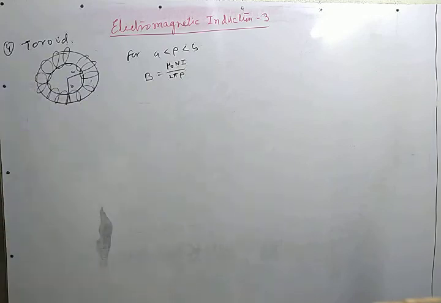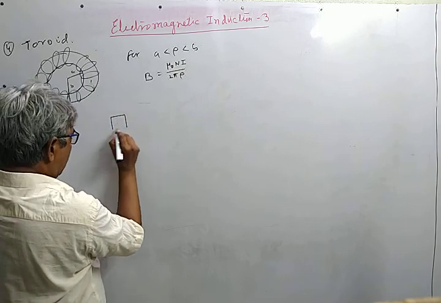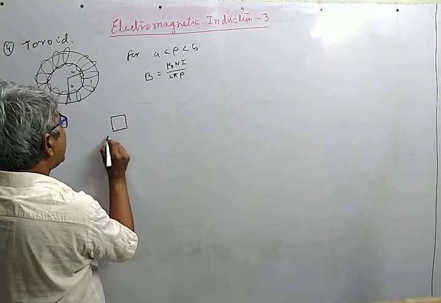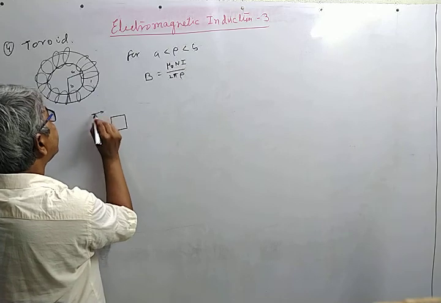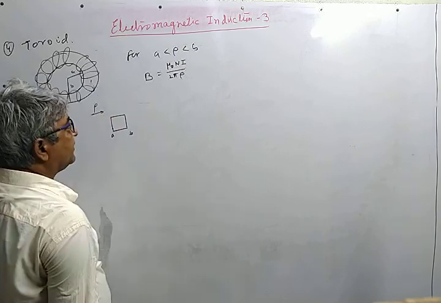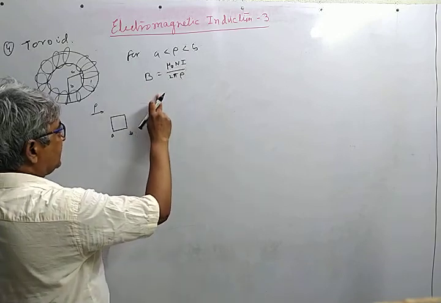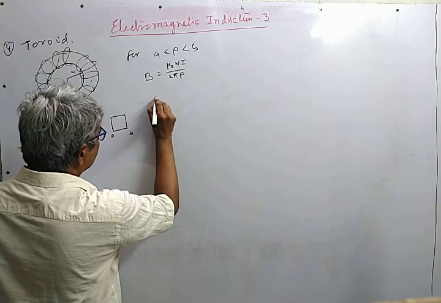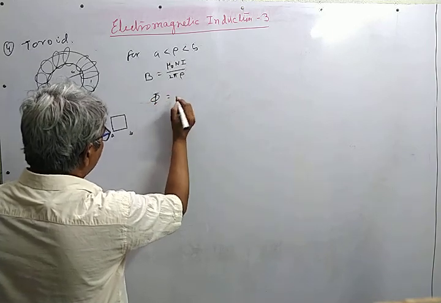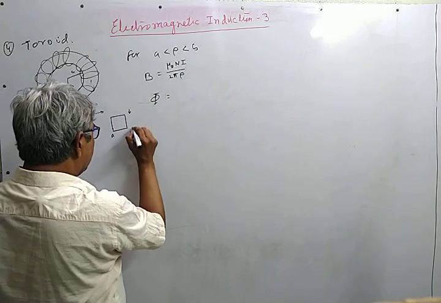If we consider the cross-sectional area to be rectangular, then rho varies from A to B, and to get the flux phi we must integrate over the cross-sectional area. This is the height h.